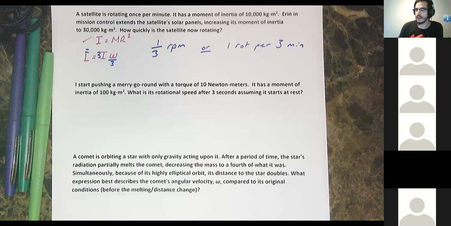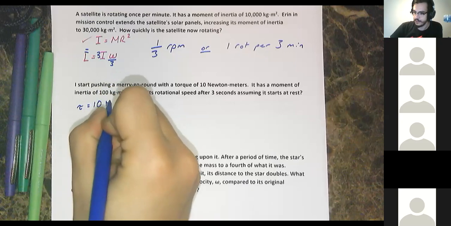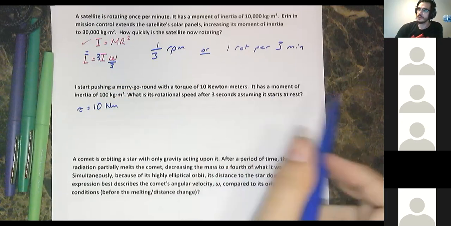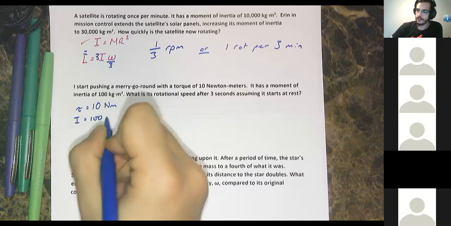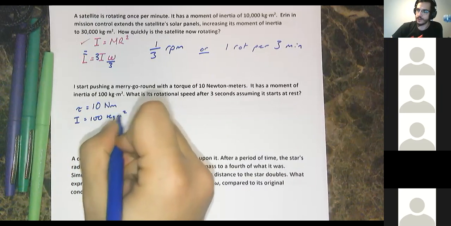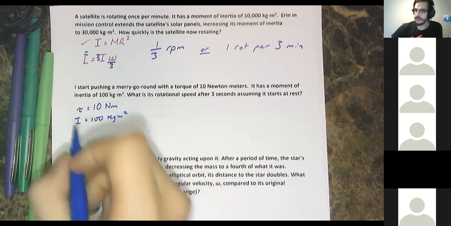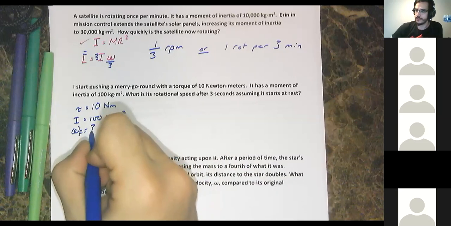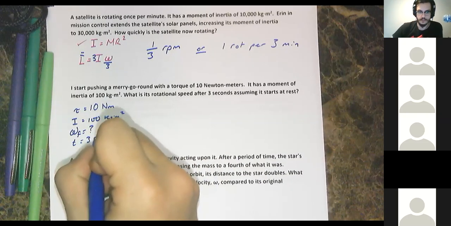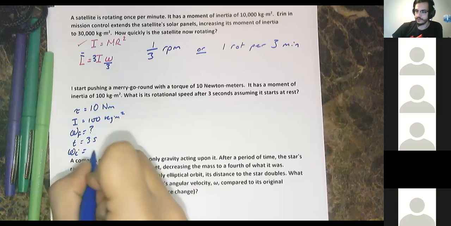I start pushing a merry-go-round with a torque, lowercase tau, of 10 Newton meters. It has a moment of inertia of 100 kilogram meters squared. What's the rotational speed after 3 seconds, assuming it starts at rest?